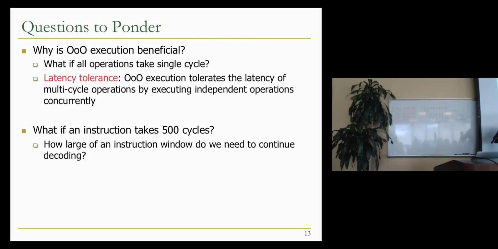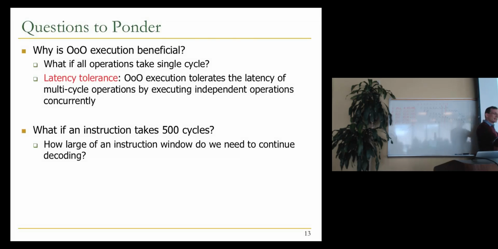But you're presuming here that something else would take maybe 1 cycle, right? No. I'm just saying, what do you need to ensure that you keep decoding? All of those may take 500 cycles. Oh, I see what you're saying. Does that make sense? Yeah. And if all of those take 500 cycles, that's fine, as long as they're independent, you're overlapping their latencies, right? You're basically pipelining their latencies.